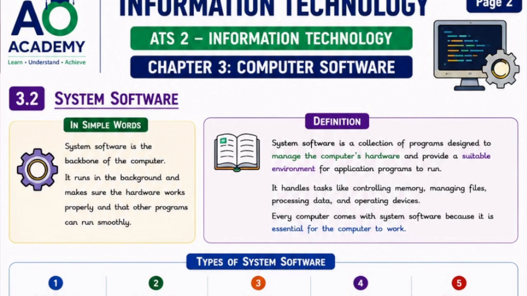So what is system software? System software is a collection of programs designed to manage the computer's hardware. In any way you want to define system software, please include: manage the computer's hardware and provide a suitable environment for application programs to run.